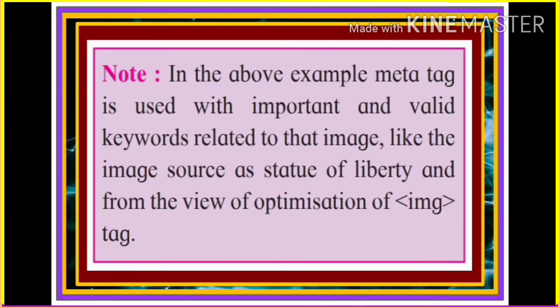Means in the above example, meta tag is used with important and valid keyword related to that image, like the image source as Statue of Liberty and from the view of optimization of img tag.